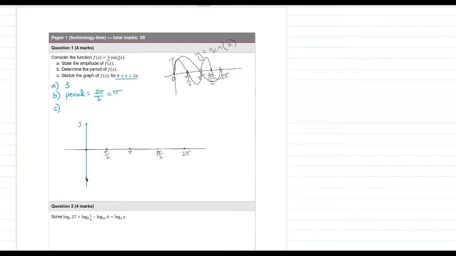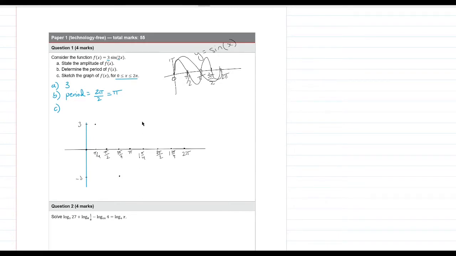This is -3 here. You know that it's going to peak at pi on 4, and peak at -3 pi on 4. So if I put that there, I put that here, it's going to be similar. This will be 1 pi on 4, 3 pi on 4.